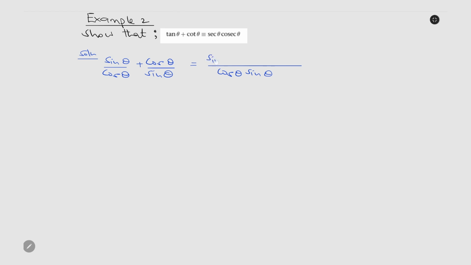So sine squared theta plus, sin theta goes here, cos theta times cos theta will give us cos squared theta. So cos squared theta. Okay, I already see something beautiful there. I don't know if you can see it. Let me give you a few seconds to just look at it, see if you see something special there.